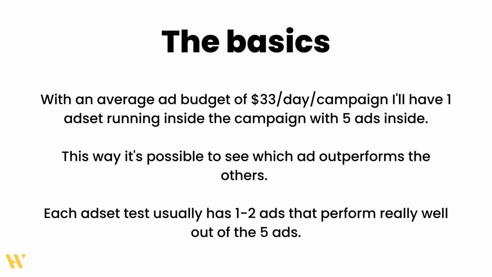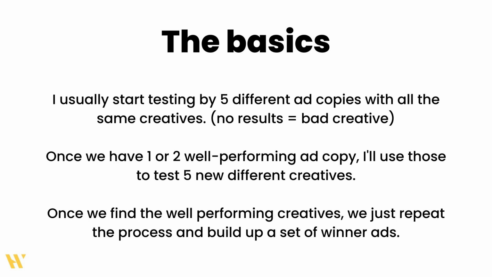Usually, each testing has one or two clear winners that really outperform the other 5 or 8 or however many you test. I usually start my testing by testing 5 different ad copies at the same time. With a creative, I choose randomly, which I think the audience would react to nicely. Of course, if I have 5 ad copies and none of them convert, then it's a problem with the creative, so we need to redo the ad copy testing with a different creative.